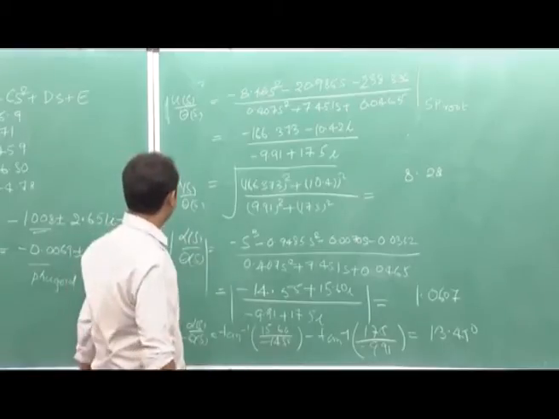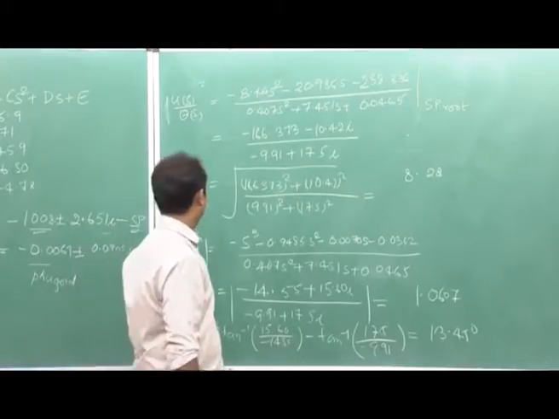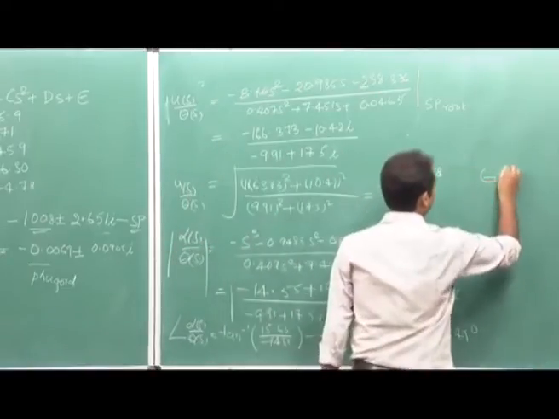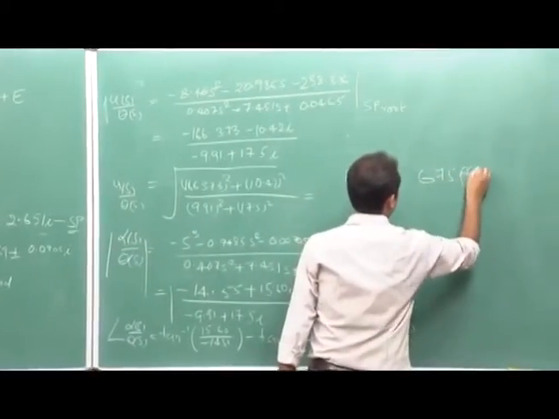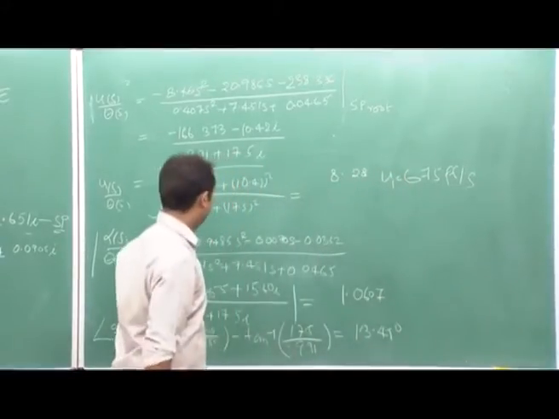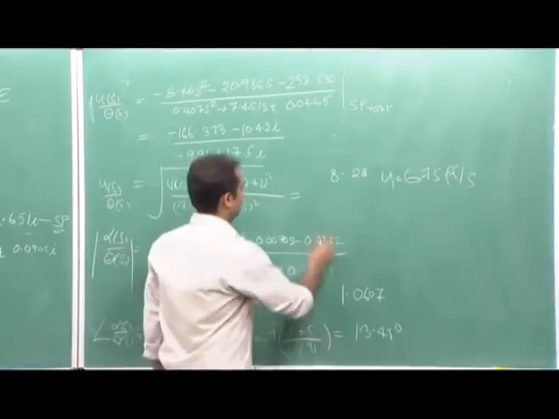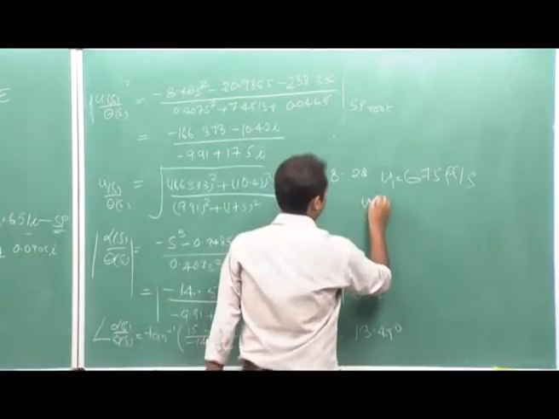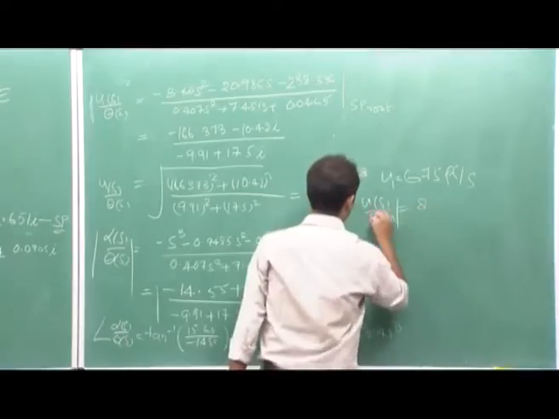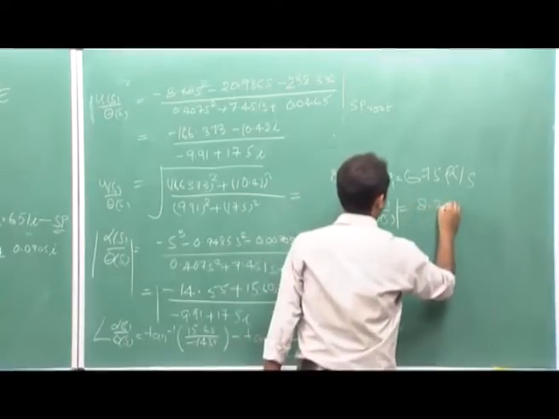Now, as you can see, my initial velocity was 675 feet per second, this was my u1. U of s upon theta of s has a magnitude of 8.28.